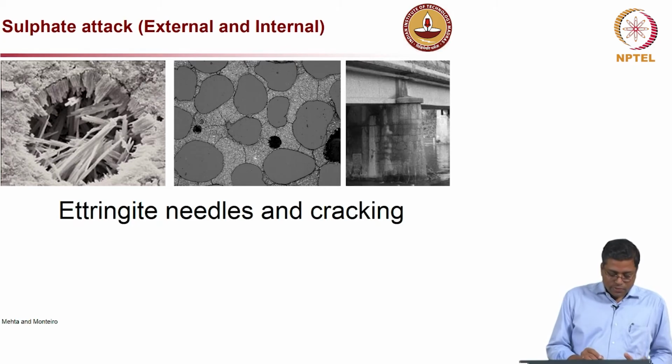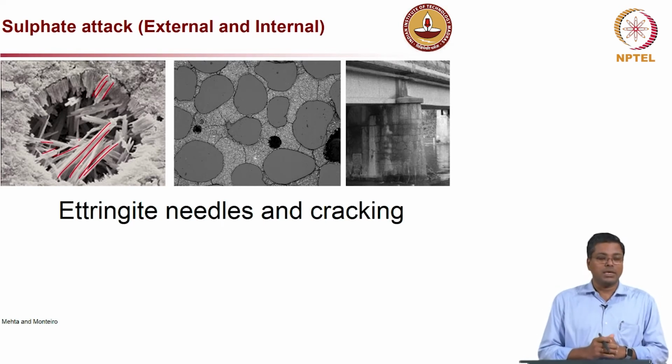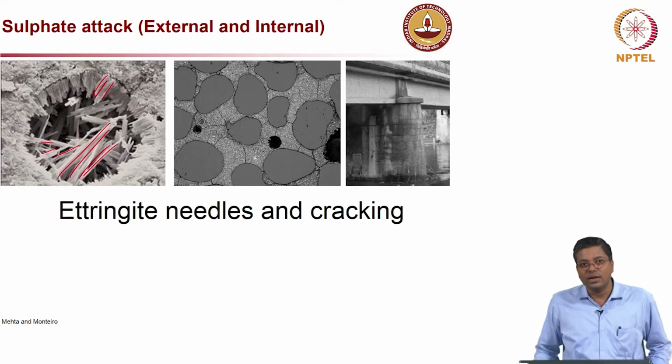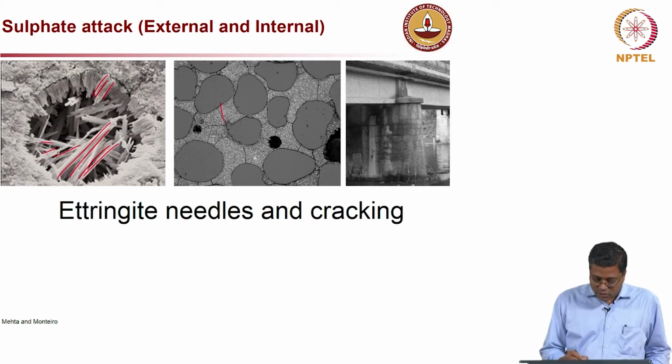You have the formation of needle shaped ettringite crystals wherever there is a little bit of space available, and the volume of these ettringite needles is actually more than the reactants, which eventually leads to expansive stresses, which induce cracks like this, as you see in the second picture.